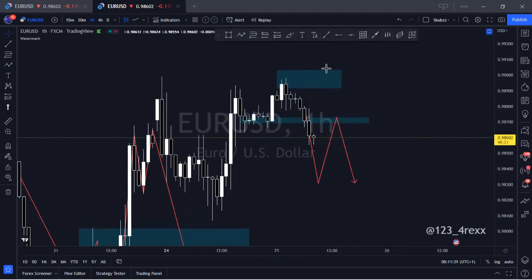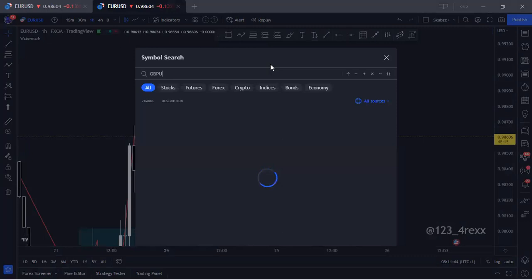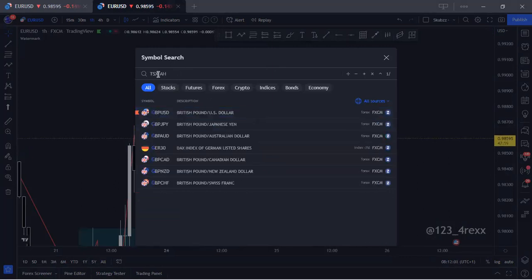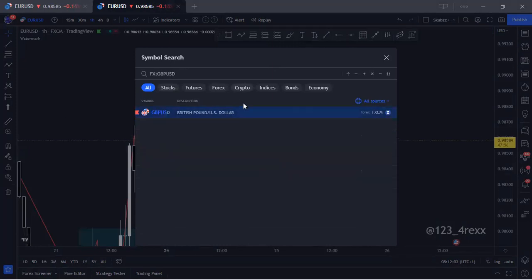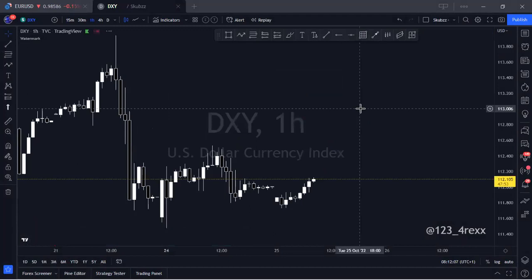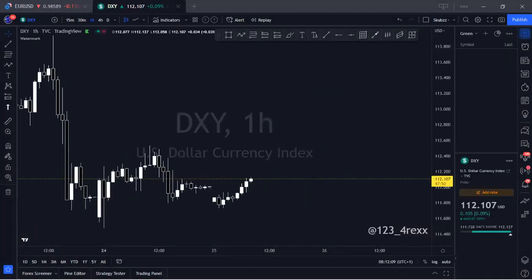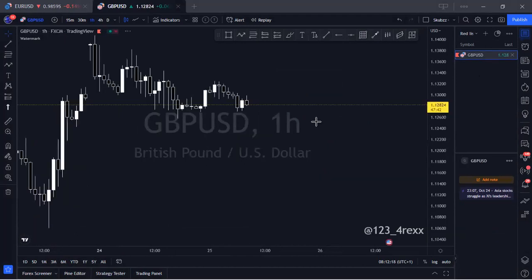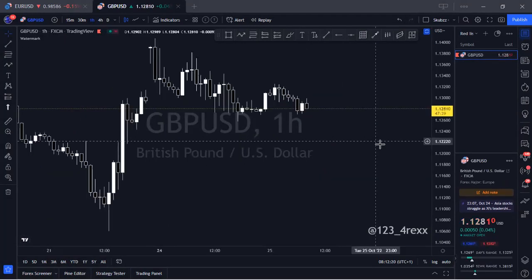Then GBPUSD. Okay. Oh, shit. Whoa. Is this GBPUSD?